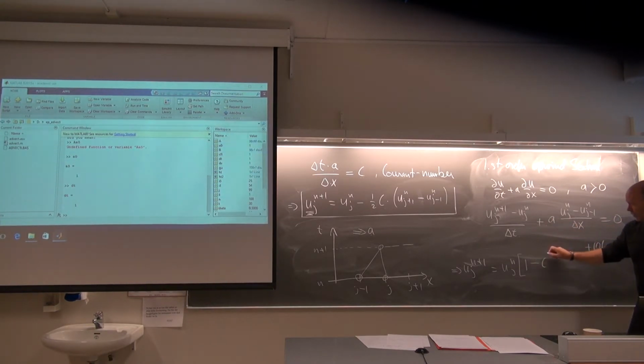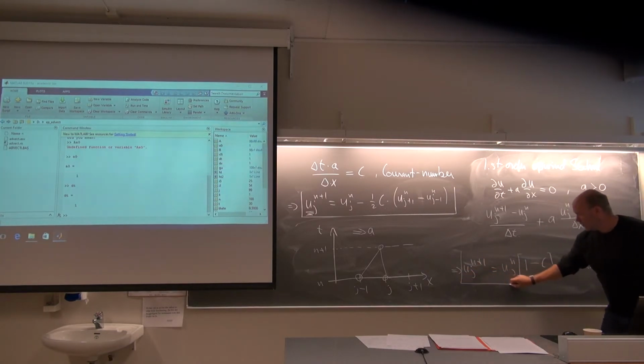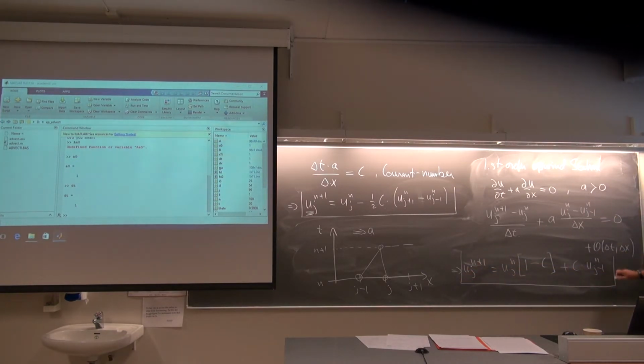That is my Courant number. So that was uj. And then I have uj minus 1, negative, but on the other side he will be positive. And the coefficient in front of him will be just the Courant number, uj minus 1. So there you have the upwind scheme.